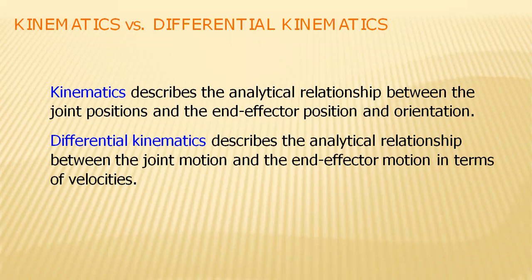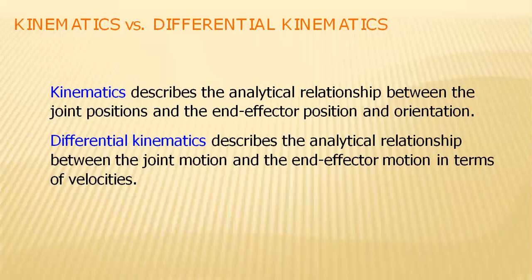Try to understand the clear-cut difference between normal kinematics and differential kinematics. In the case of kinematics, it specifies the relationship between the joint positions and orientation, and specifies the end effector position with respect to the joint positions.